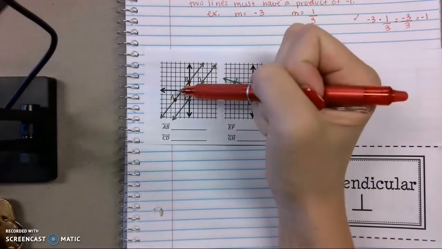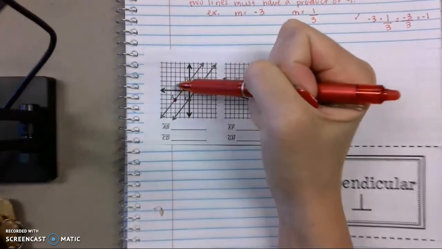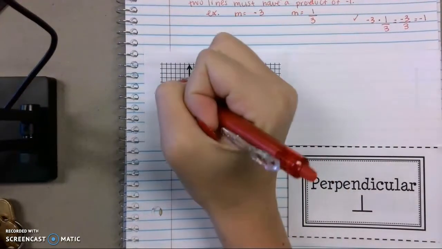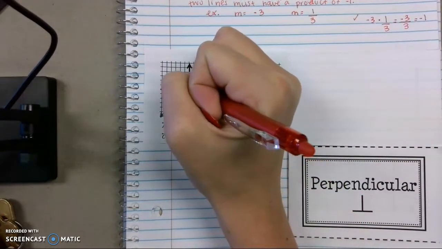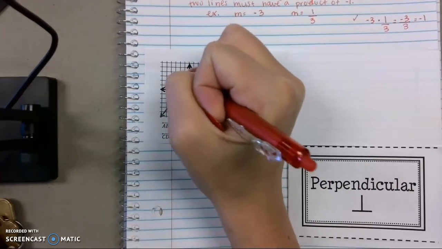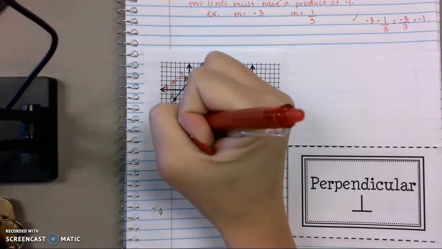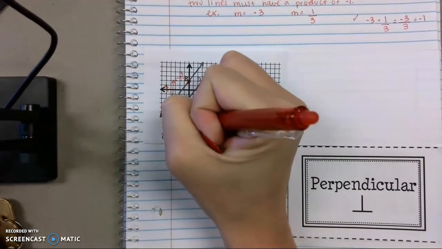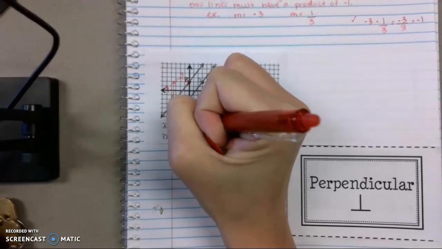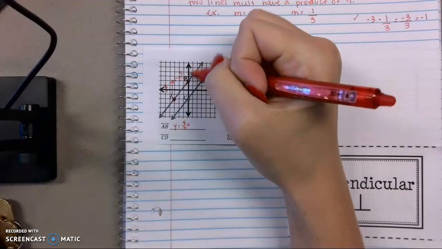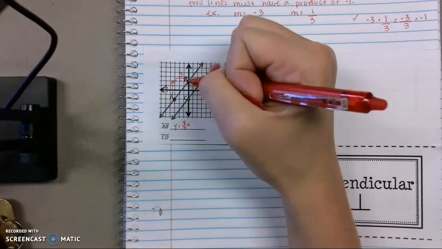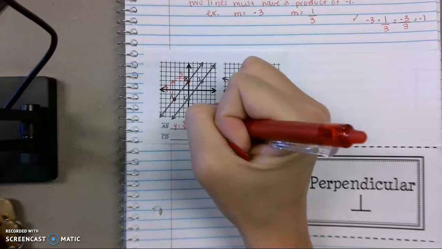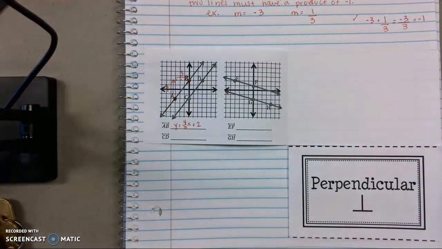So my slope, by counting, I'm going to go up 1, 2, 3, 4. So I went up 4, to the right 1, 2, 3, to the right 3. So my equation of A is going to be y equals 4/3 x. Now I look at my line and see where I intersect, and I intersect at 2. So my equation for AB is going to be y equals 4/3x plus 2.